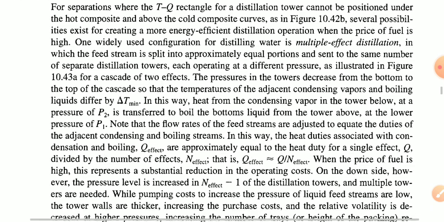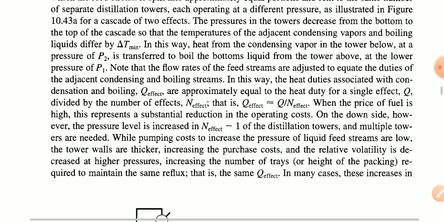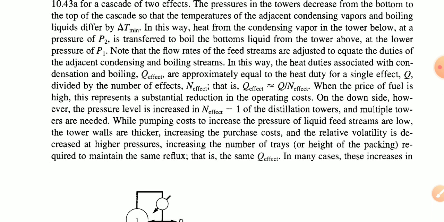The pressure in the tower decreases from the bottom to the top of the cascade, so that the temperatures of the adjacent condensing vapor and boiling liquid differ by the delta T minimum. In this way, the heat from the condensing vapor in the tower below, at the pressure of P2, is transferred to the bottom liquid of the tower at the lower pressure of P1.